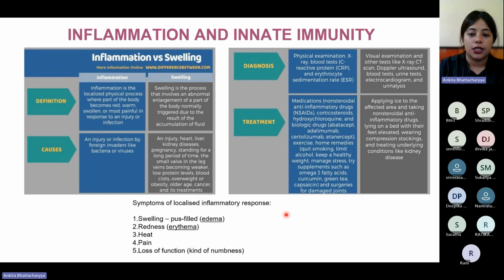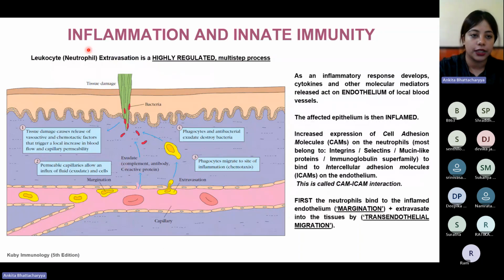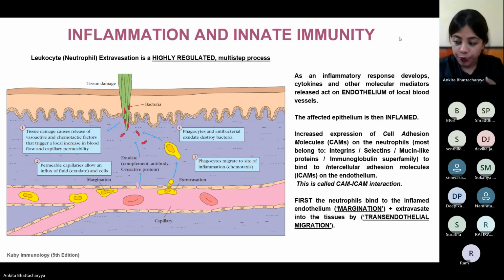The question now comes: what happens during inflammation? This has already been discussed in the lecture by Professor Ganguly, but I'm just reiterating that because this was an available schematic. Again, this is from Kubi. You can refer to it for your own self. So what you understood from inflammation till now is that it has certain symptoms.